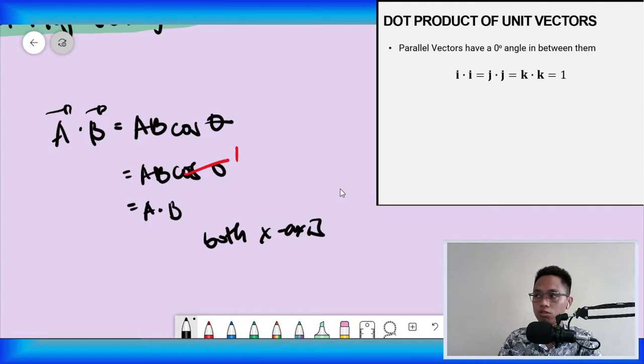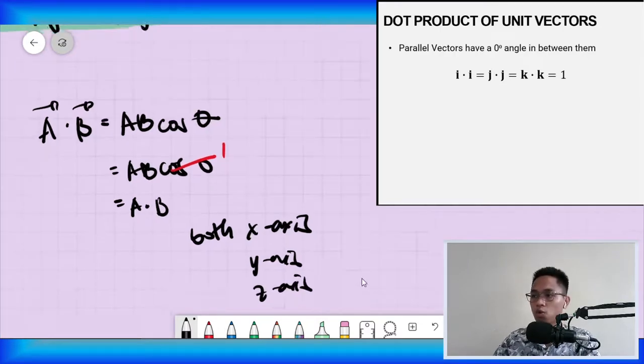So I dot I would be equal to 1. The same with J on the y-axis: J dot J is also equal to 1. Same also with the z-axis: K dot K is also equal to 1.